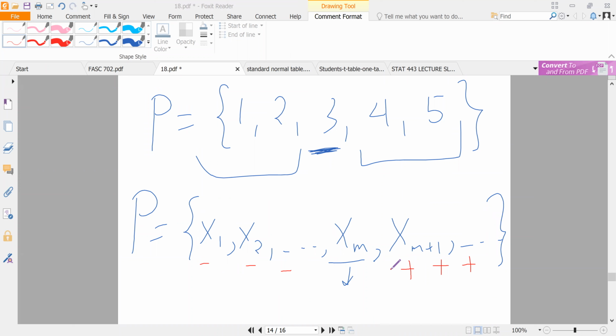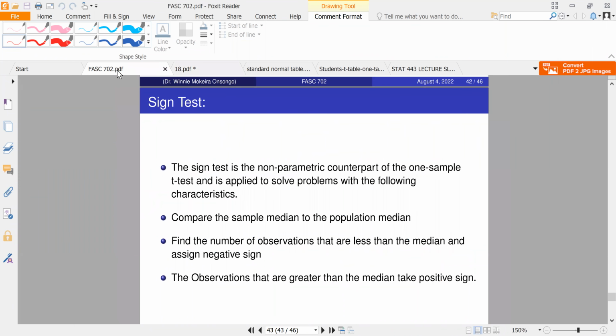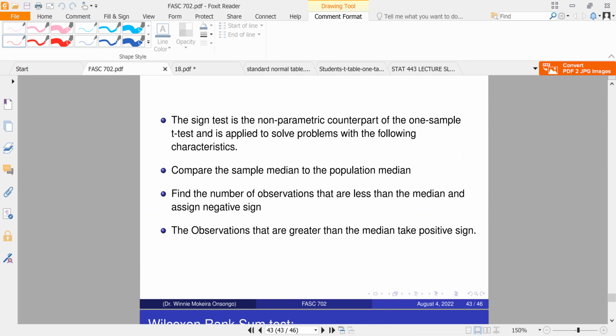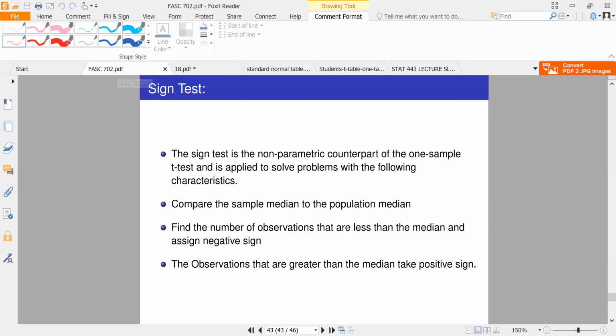You will make your conclusions based on the findings on the number of negative values and the number of positive values. Now, this is the case where you only have one population or one ordinal variable, one categorical variable.